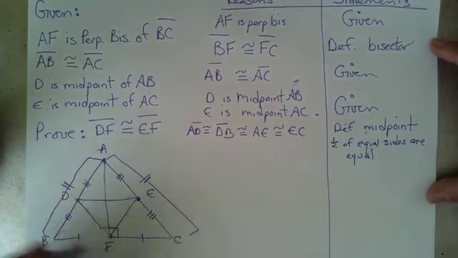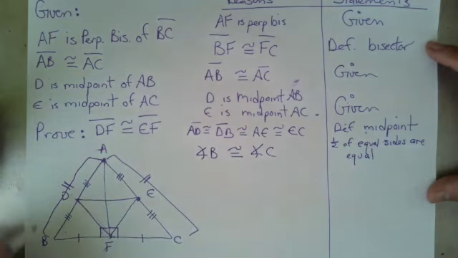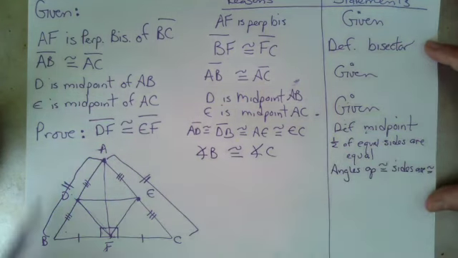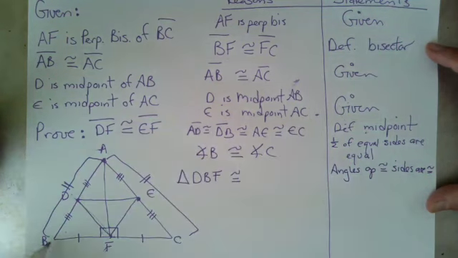And then finally, I want to say that angle B is congruent to angle C, and that is because angles opposite equal sides are equal. We could also do that by naming this triangle as isosceles and then saying that's the definition of isosceles. And so now I have that triangle DBF is congruent to CEF, and that was because of side, angle, side.